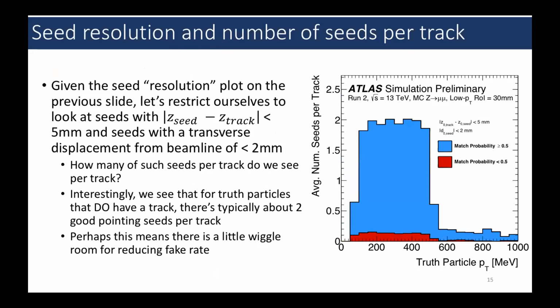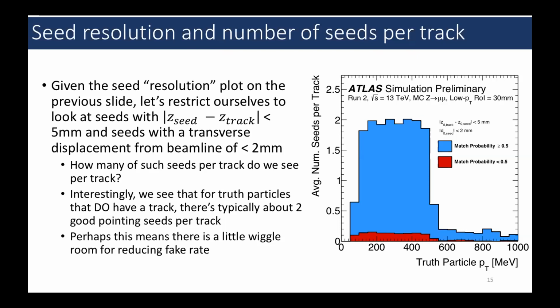So given that seed resolution plot on the previous slide, let's restrict ourselves to looking at the seeds within 5 millimeters of the tracks and consider the number of seeds per track as a function of the PT of the truth particles to which the tracks eventually get linked. So how many of such seeds do we see per track?